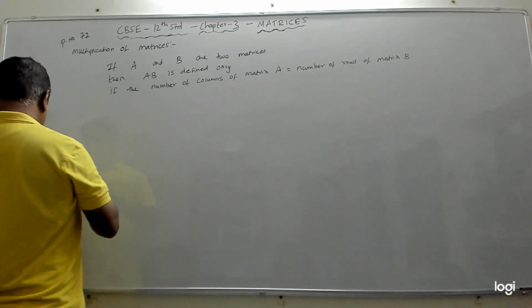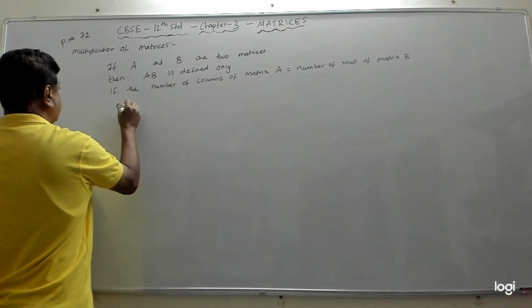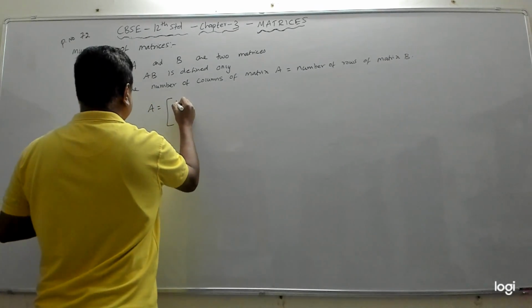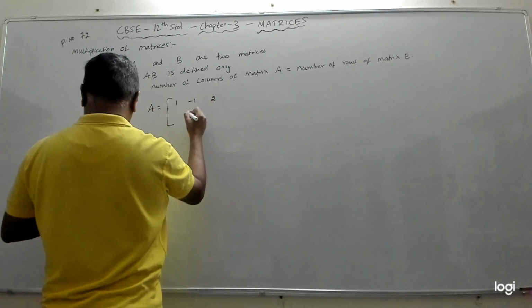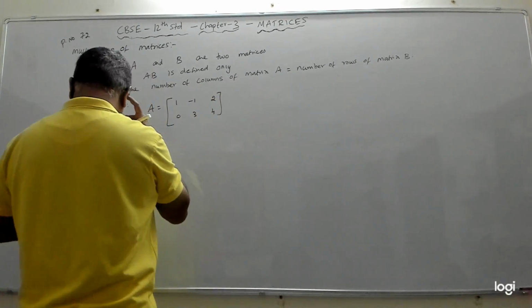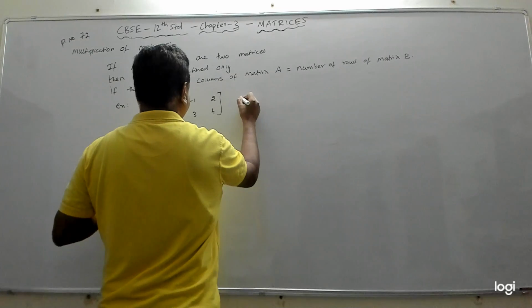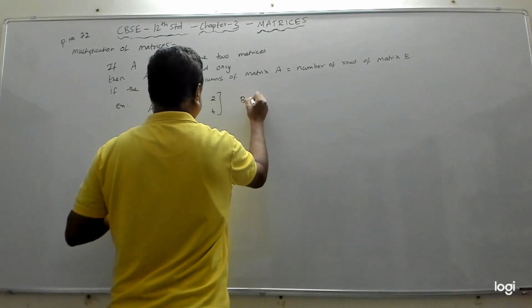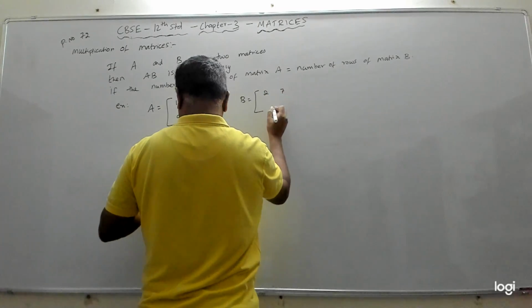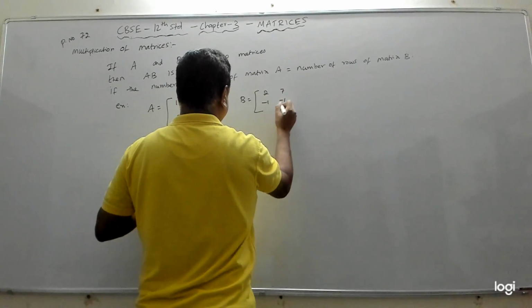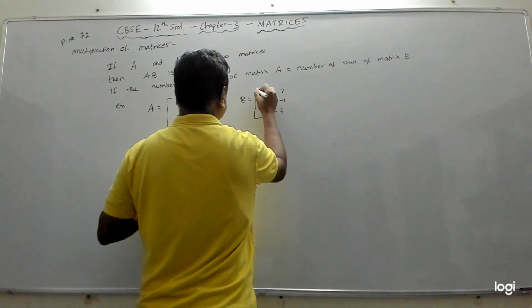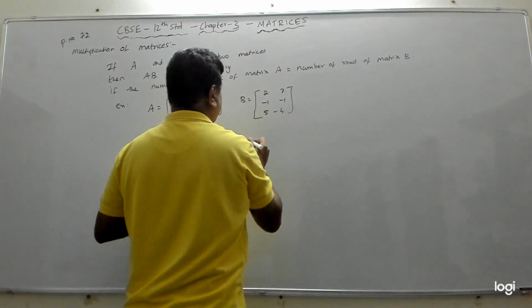So we'll take an example. Suppose A matrix is like this: 1, minus 1, 2, 0, 3 and 4. This is our A matrix. And suppose the B matrix is 2, 7, minus 1, 1, 5, minus 4.